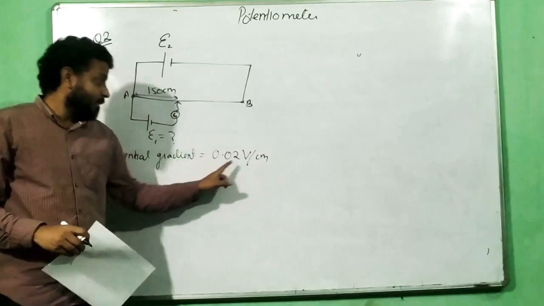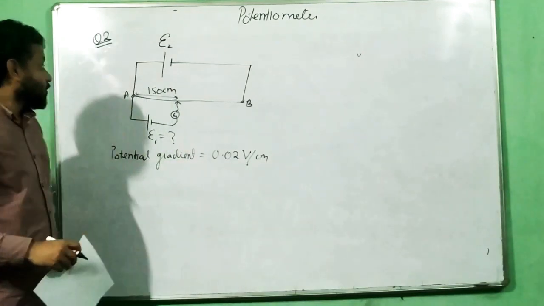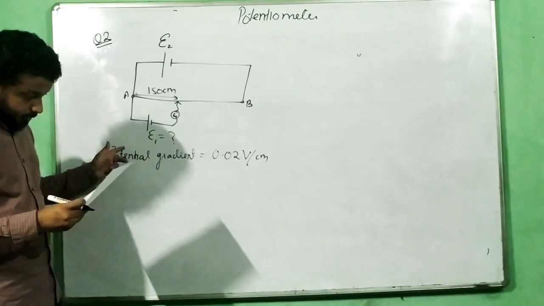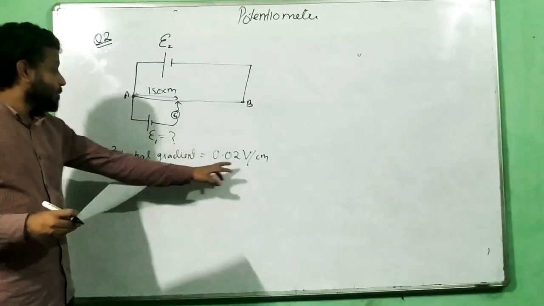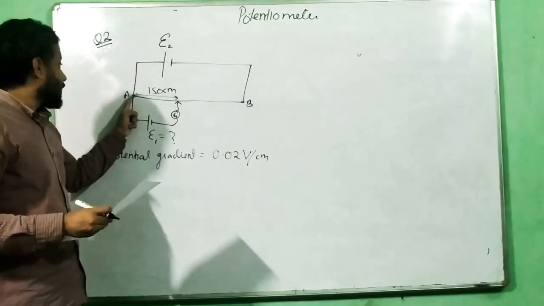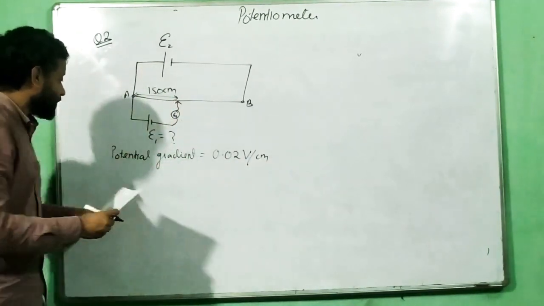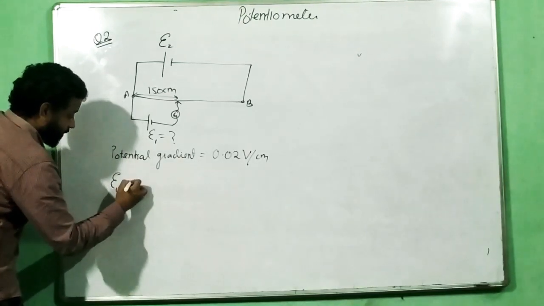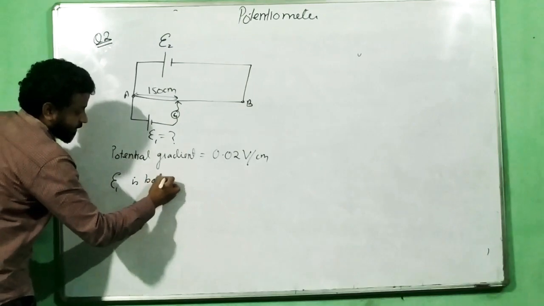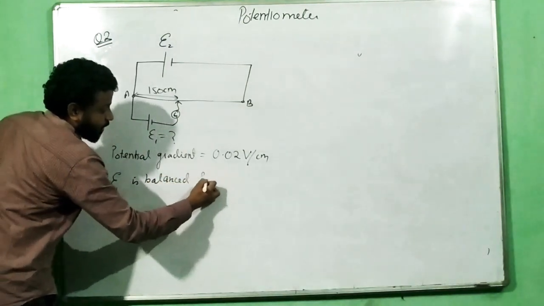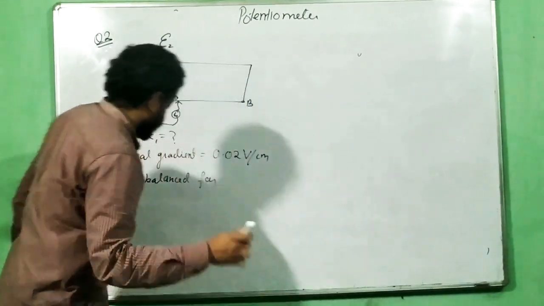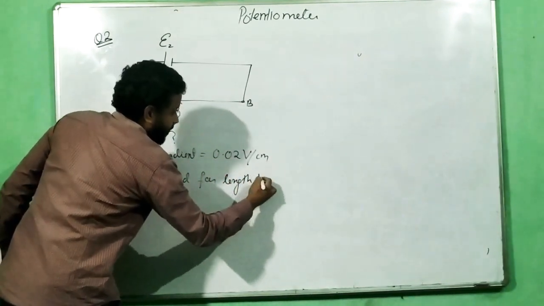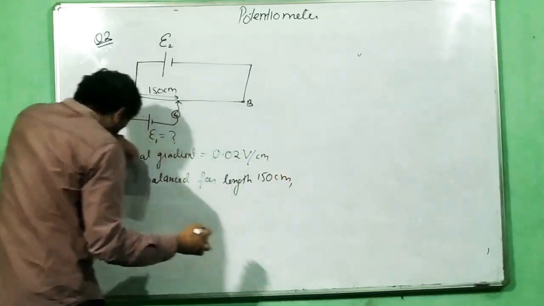Now each centimeter is 0.02. So for a distance of 150 centimeter, how much? So EMF E1 is balanced for length 150 centimeter.